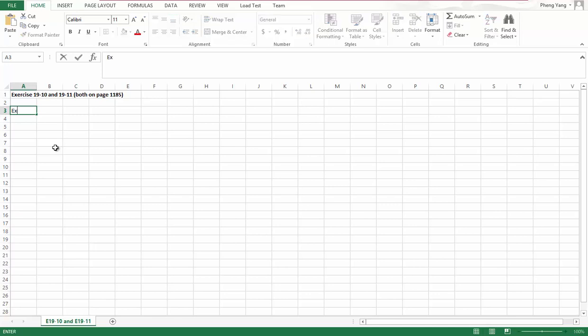So the first one, exercise 19-10, on page 1185. For the year ended December 31st, 2013, North Star Industries reported net income of $655,000. At January 1st, 2013, the company had 900,000 common shares outstanding.